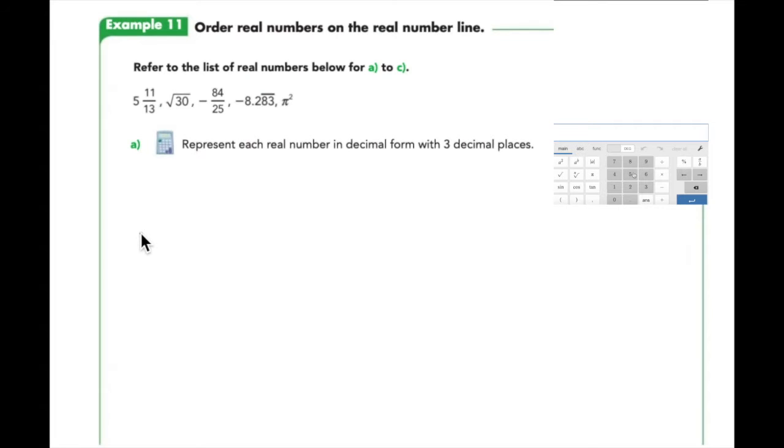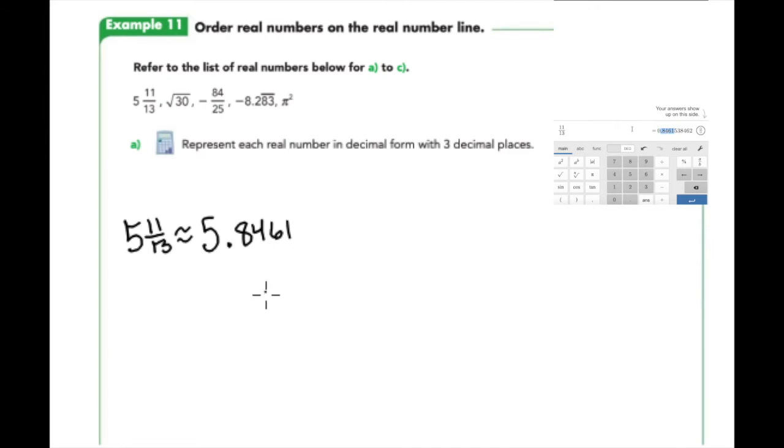If we started with the 5 and 11/13, I'm just going to take the 11/13 and figure out what that decimal part is. And now I know that it's 5, and I'm going to take that 8461. I want to go to 4 decimal places because we are rounding to the 3rd decimal place.